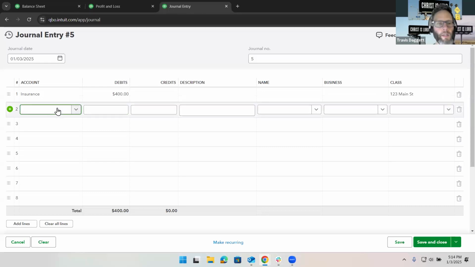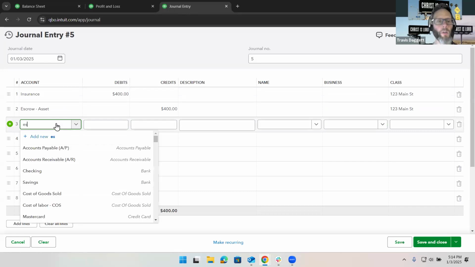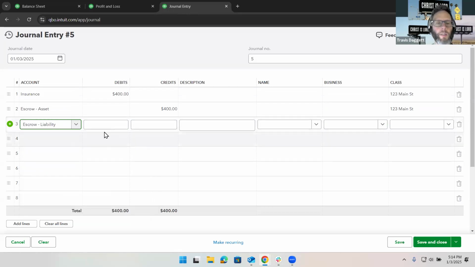And now our asset is going to be credited, decreased because they paid it. So it's not an asset anymore, or at least it's reduced. And then we have our other escrow account, our liability. This holds a credit balance, so we're debiting it.